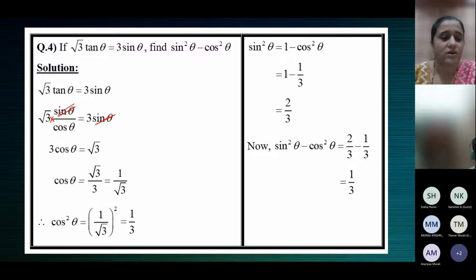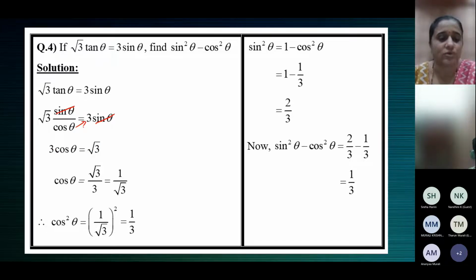Oh, there's a printing mistake. Okay, I've cross multiplied. So it will be like this. Root 3 is equal to 3 cos theta. I've just written it the other way around. Sin theta and sin theta get cancelled.